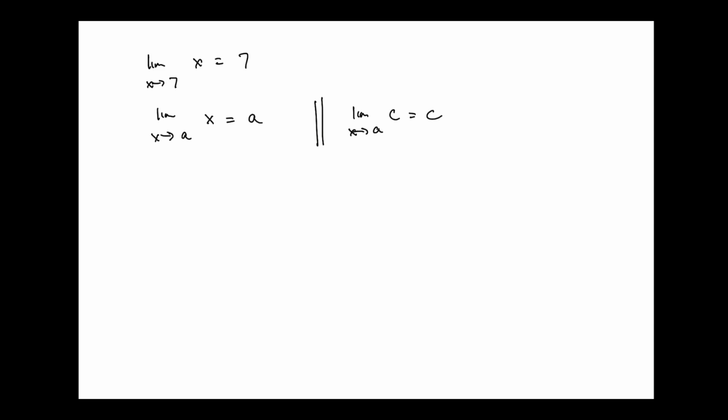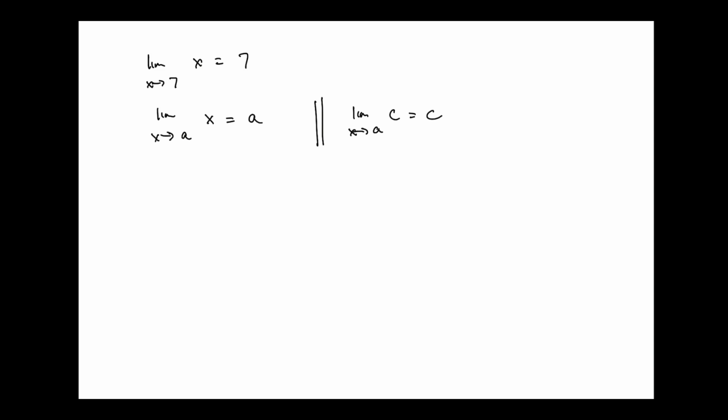It's a straight horizontal line. And the limit is asking a question about the y values: as x goes to something, what are the y values getting close to? Well, if it's a horizontal straight line, what are all the y values? The same thing. So no matter what x value we're looking at, we get the same thing, namely that constant.